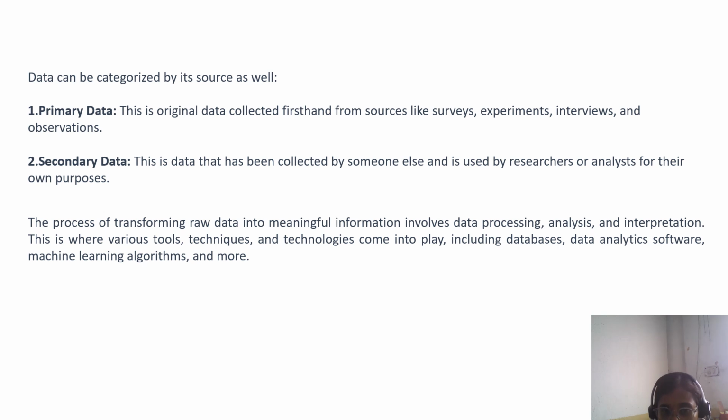The process of transforming raw data into meaningful information involves data processing, analysis, and interpretation. This is where various tools, techniques, and technologies come into play, including databases, data analytics software, machine learning algorithms, and more.